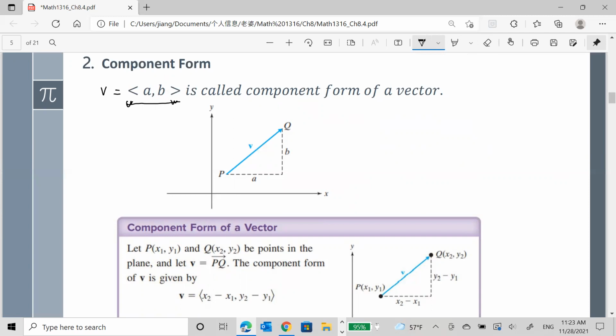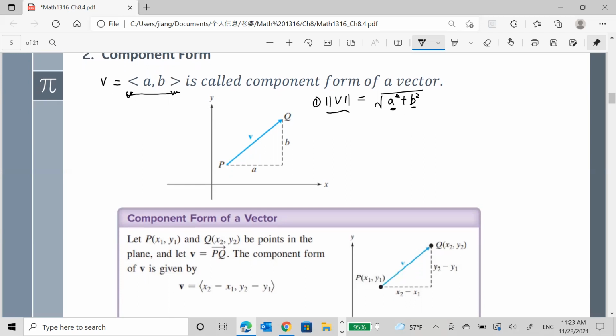Because do you remember the magnitude of V equals A squared plus B squared, because this is a right triangle. So the magnitude of V equals the square root of A squared plus B squared. If A and B are fixed, that means the magnitude of this vector is fixed.